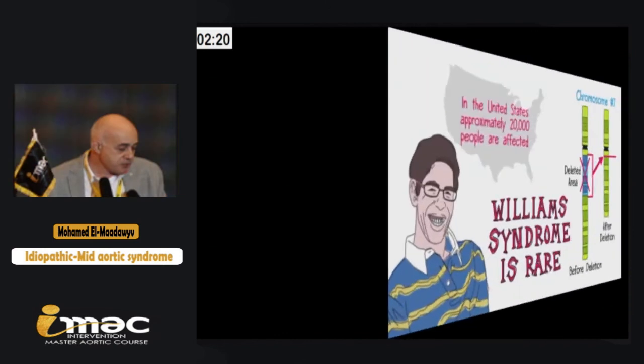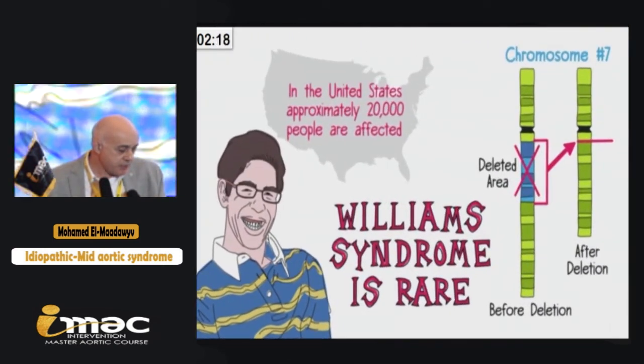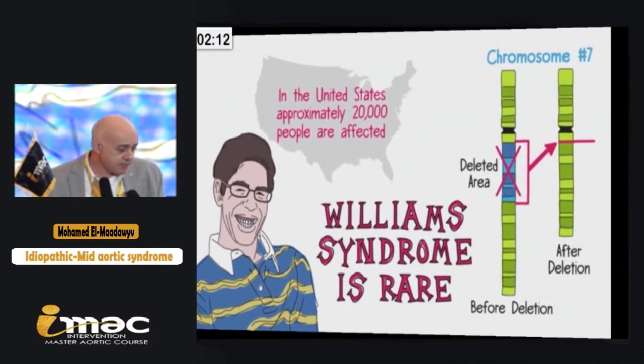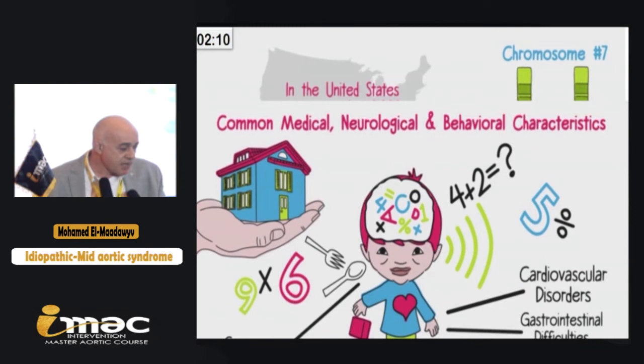Lastly, Williams syndrome. This Williams syndrome is rare. It affects 1 in 20,000 cases in the United States. There are common medical, neurological, and behavioral changes. These patients are affected in their ability to calculate, like abstract reasoning and numbering.